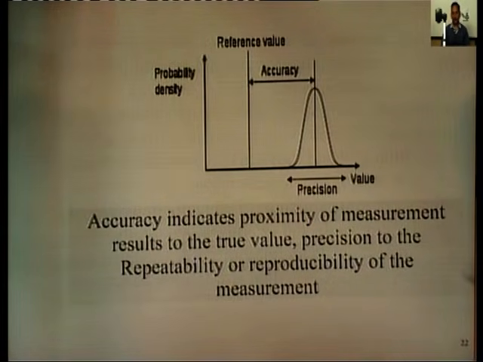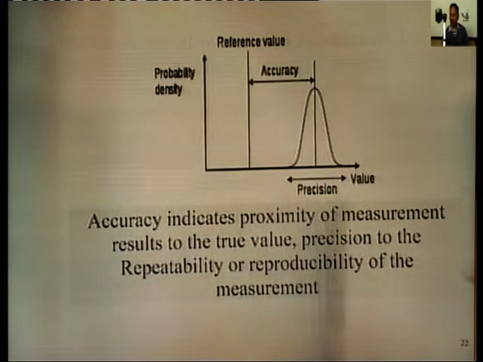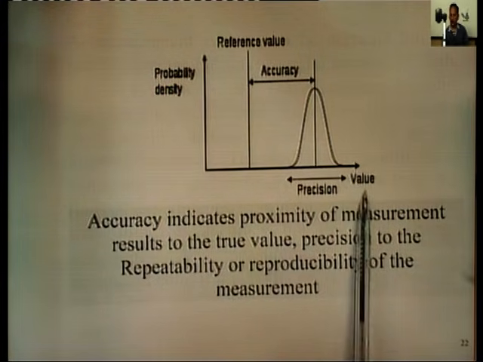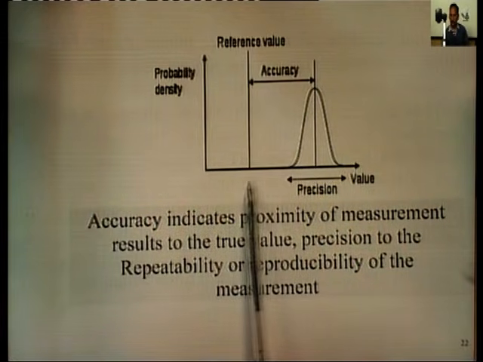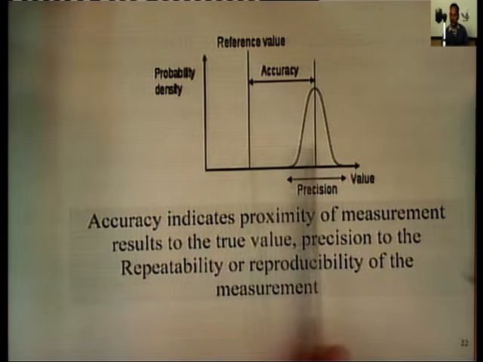In this diagram, the horizontal axis is value and the vertical axis is probability density. This is the reference value, and this area shows the accuracy of the system, and this repeated curve shows the precision of the system.